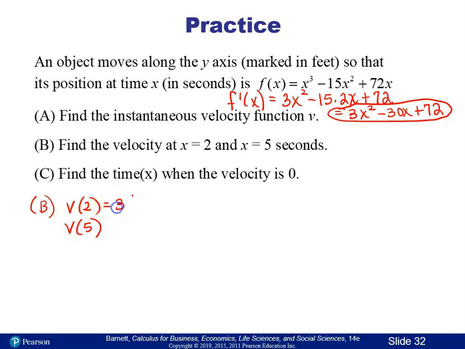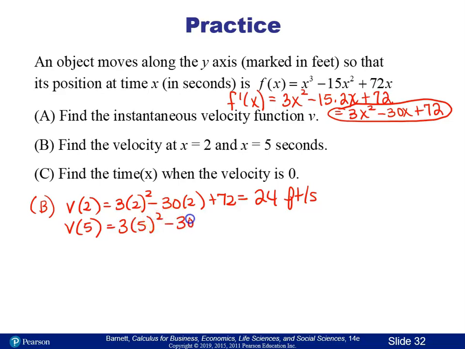So that's going to be 3 times 2 squared minus 30 times 2 plus 72. That's going to be 24 feet per second. And then if we evaluate this one, we're going to get negative 3 feet per second. So that would be the velocity at those specific times.